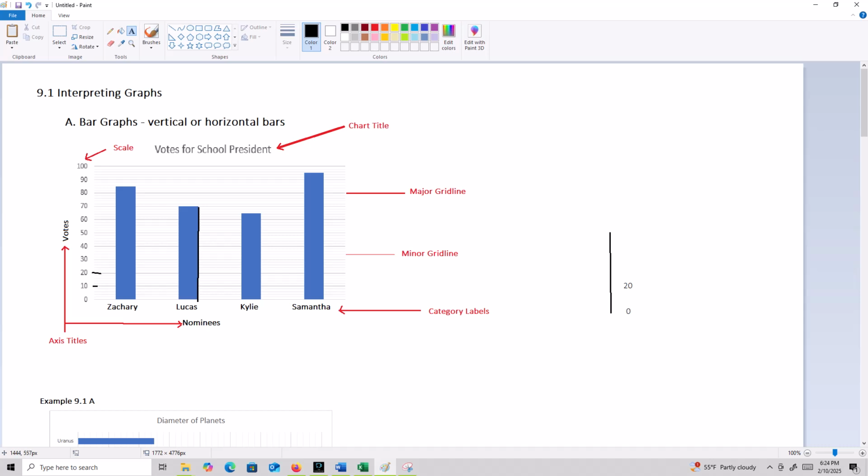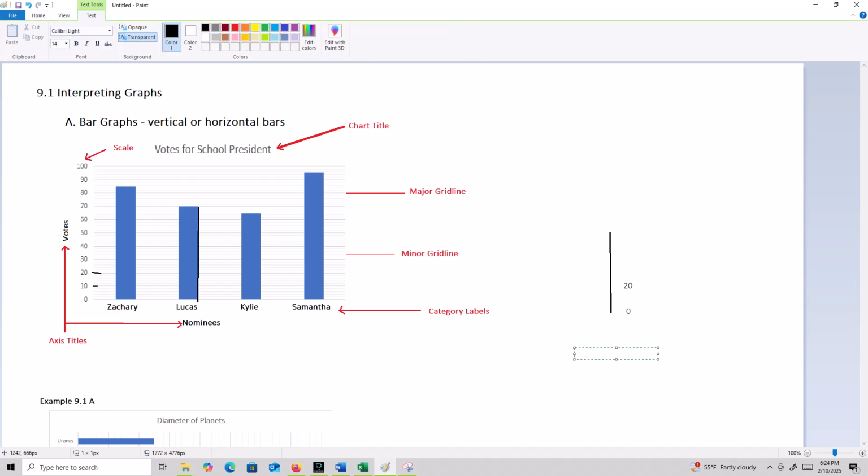There are 4 little minor grid lines. So that means you'd go 20 divided by 4 and get 5. So each of those minor grid lines would be a count of 5. That's for in the book on page 418. All right.